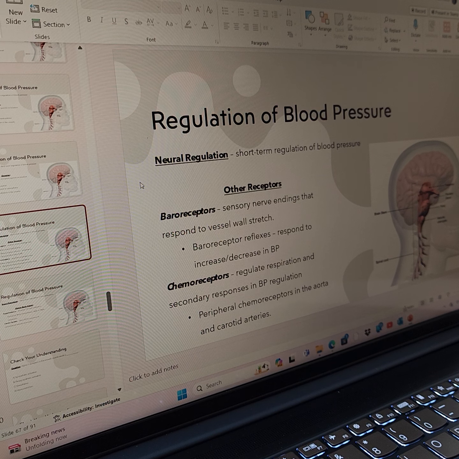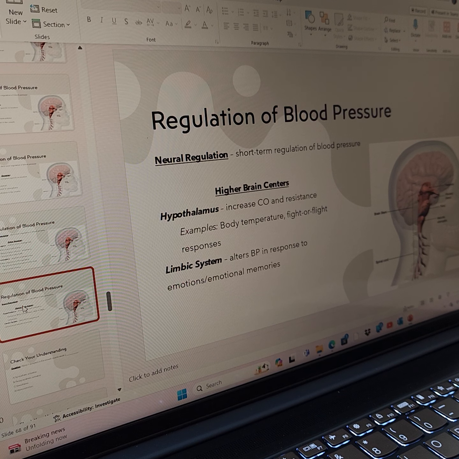The other receptors are baroreceptors, sensory nerve endings that respond to vessel wall stretch. The baroreceptor reflexes respond to an increase or decrease in blood pressure. And then the chemoreceptors regulate respiration and secondary responses in blood pressure regulation, like peripheral chemoreceptors in the aorta and carotid arteries.